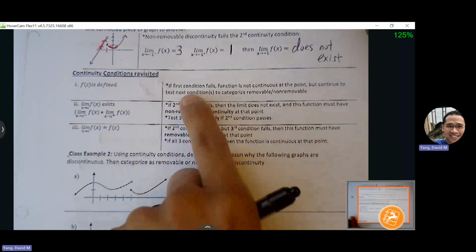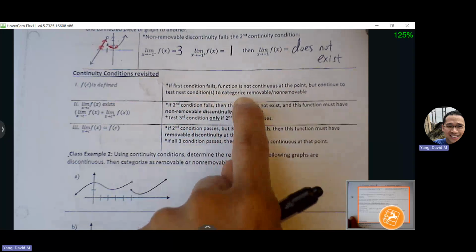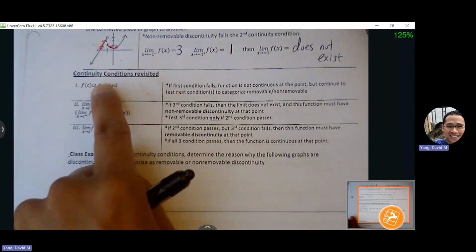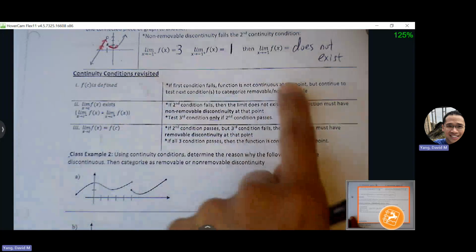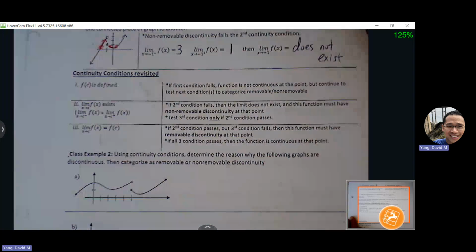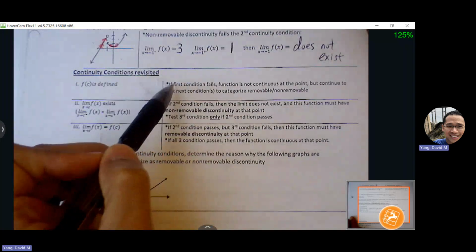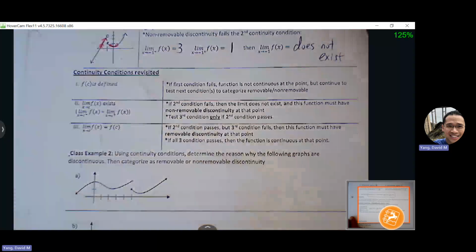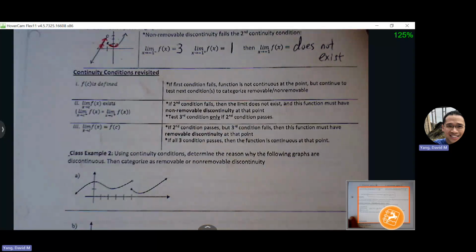But we continue to test the next conditions because we want to categorize: is it a discontinuity because it's removable, or because it's non-removable? We still don't know which category we're dealing with, even though the function is already not continuous because the first condition fails. So if the first condition fails, we keep going. We haven't had enough information to categorize yet.